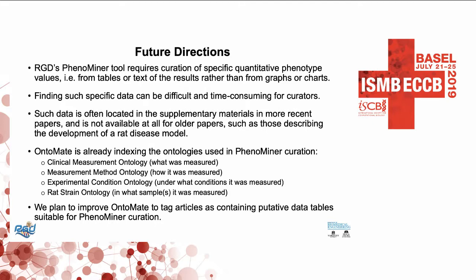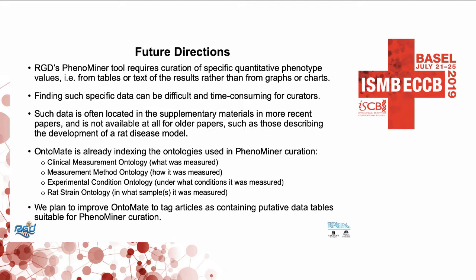And finding such specific data can be difficult and time-consuming for curators, and actually is quite difficult and time-consuming. Such data is often located in the supplementary materials in more recent papers, and in many cases, it's not available at all for older papers, such as those that describe the development of a rat disease model.